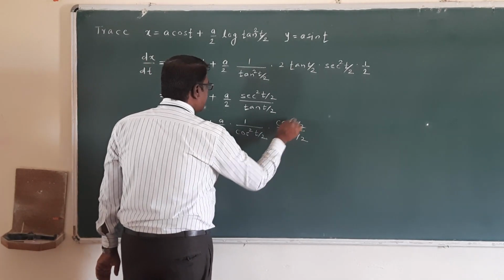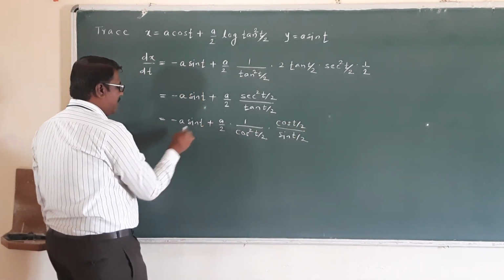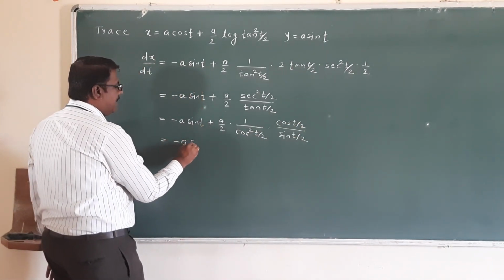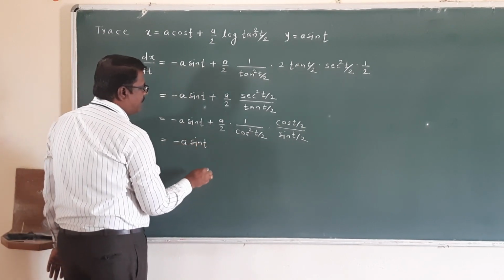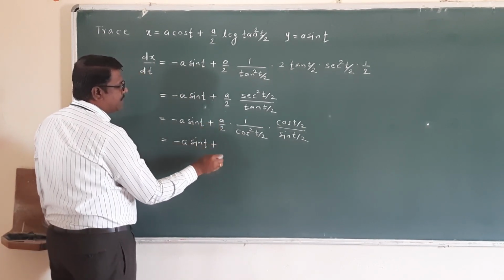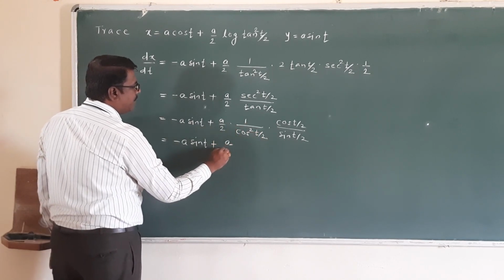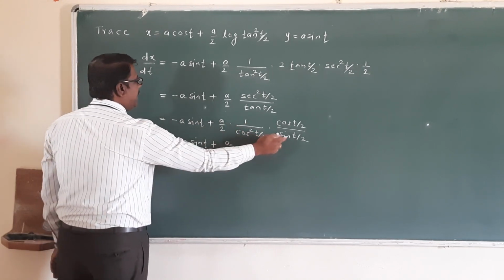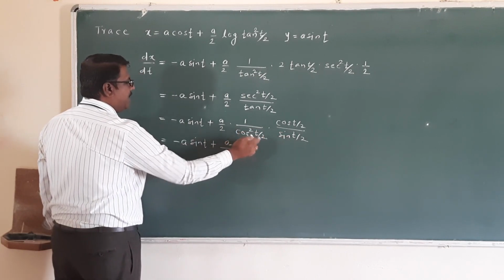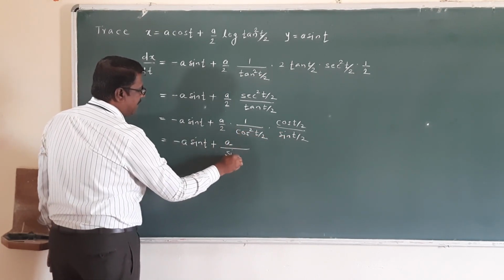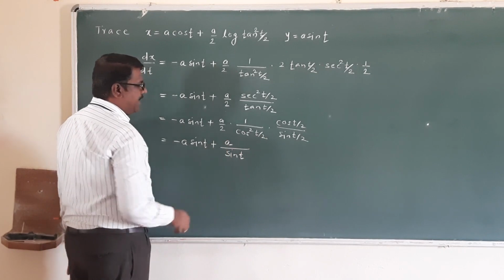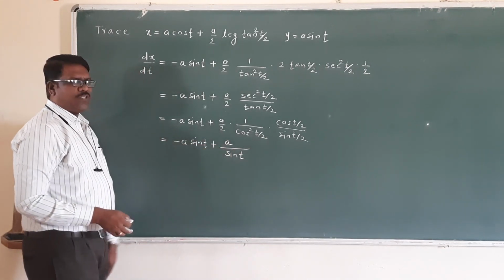Now 1 cos t by 2 will get cancelled. So what is remaining? Minus a sin t plus a upon 2 sin t by 2 into cos t by 2, it is sin t. So formula of sin t is 2 sin t by 2 cos t by 2.